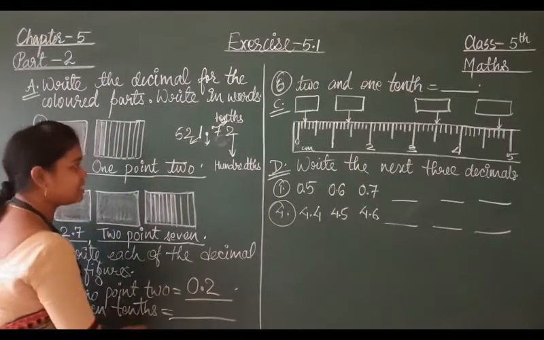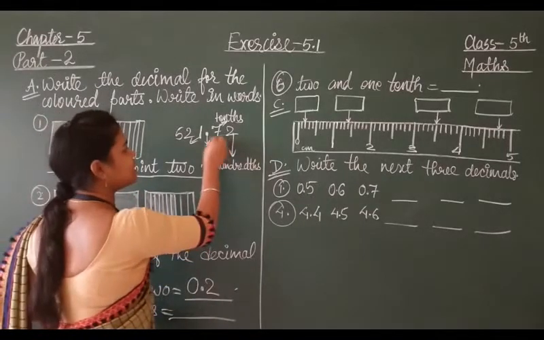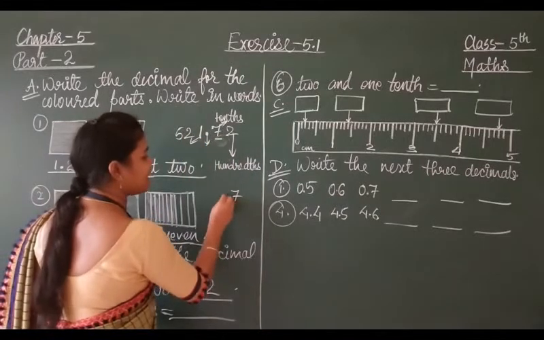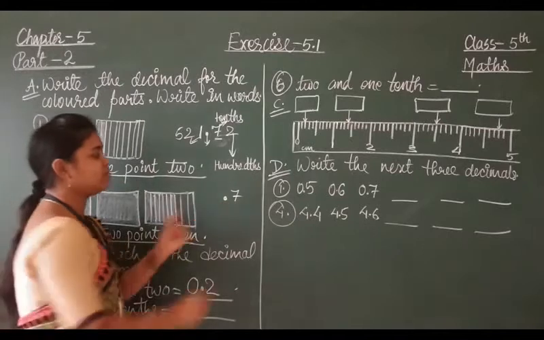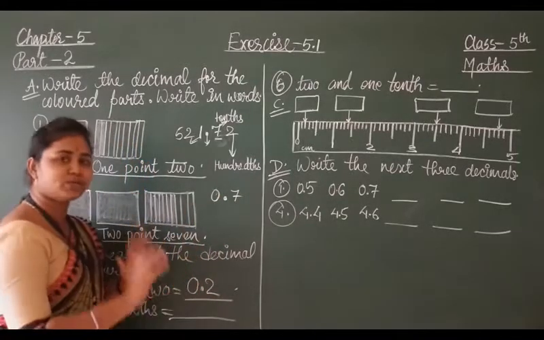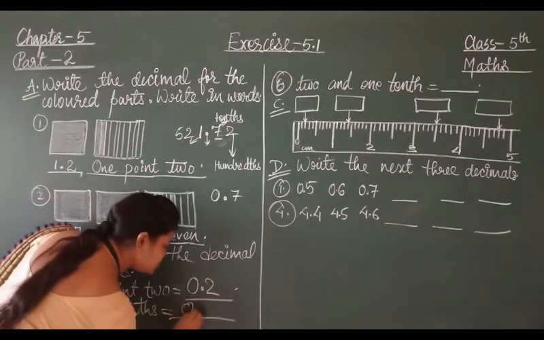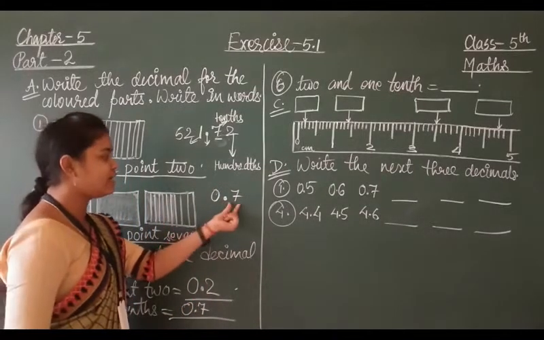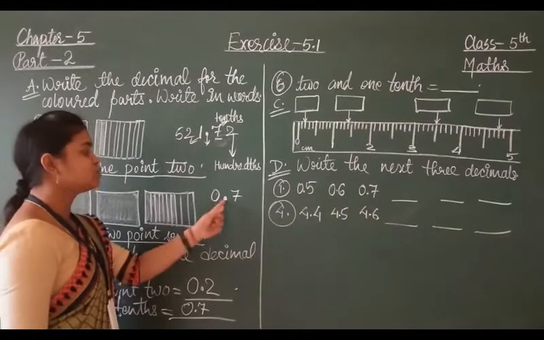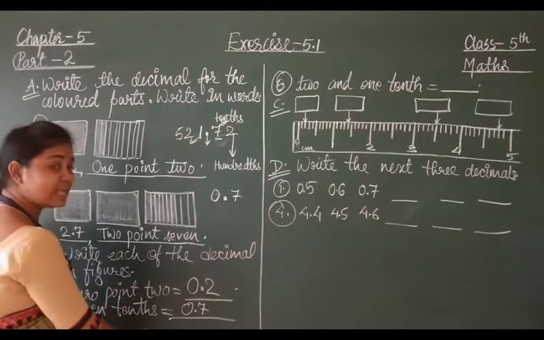So it is 7 tenths. 7 tenths means here it is 7. If I am writing 0.7 simply, before the decimal we can put 0 because nothing is given. So we will write 0.7. Once again I am telling why we are writing 0.7: because, students, it is 7 tenths.